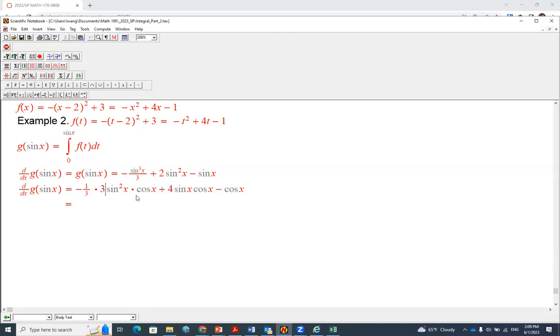We're going to differentiate the sine to the power of 3 X.